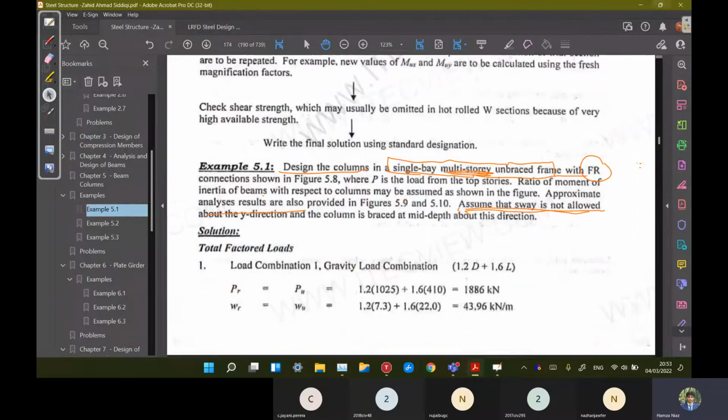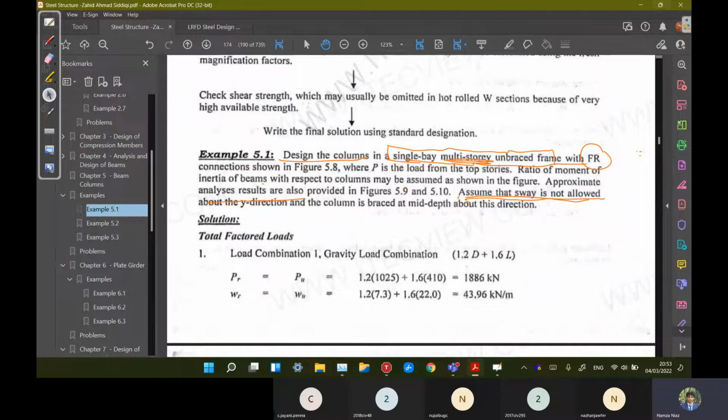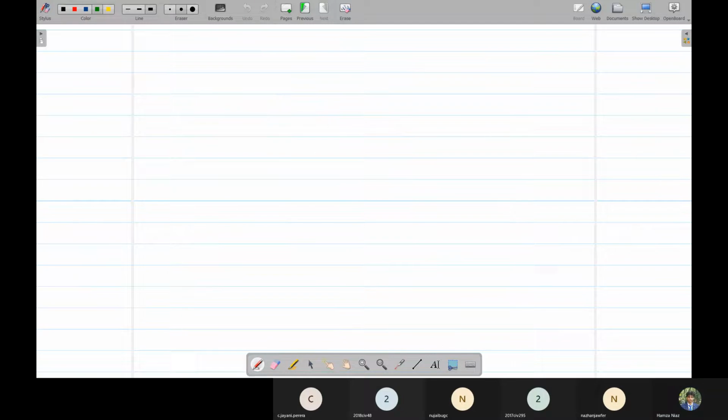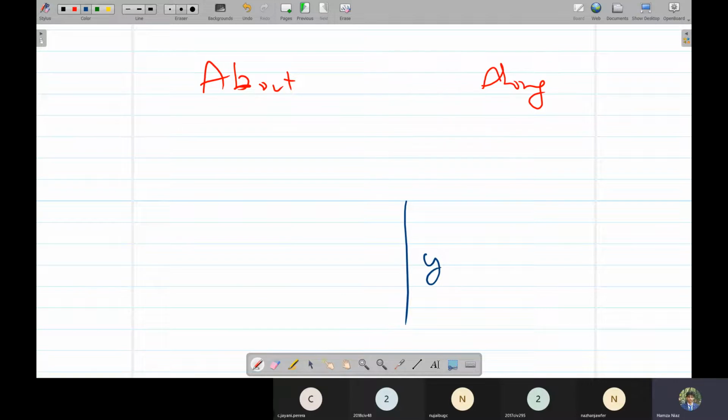Okay, so they are saying that assume that the sway is not allowed about y direction. There are two words here, about and along. For example, about. Just remember that movement is always about an axis. For example, this is a y-axis, so movement would also always be about this axis. So movement about y-axis is My.